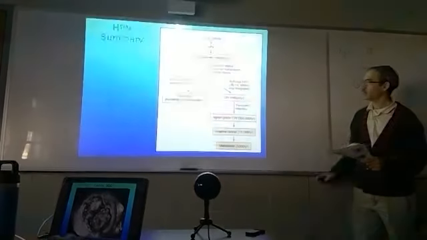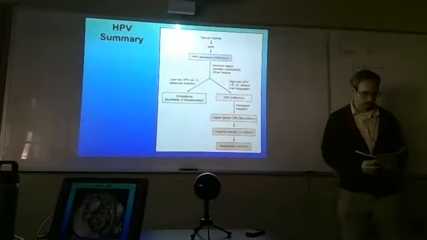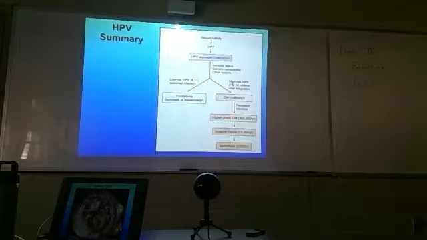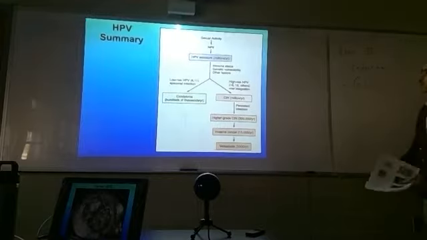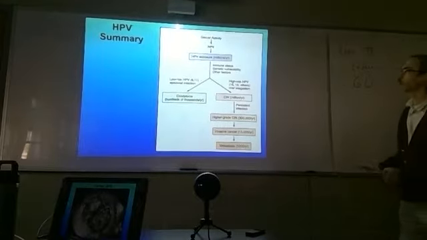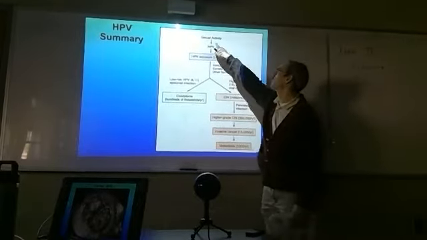Okay, let's take a look at the causative agent. This is HPV, and HPV usually is the troublemaker. It accounts for 90% or more of the cervical cancers that we develop. And we'll talk about some of the different presenting symptoms of cervical cancer. Usually, not always, but usually, HPV is transmitted sexually.